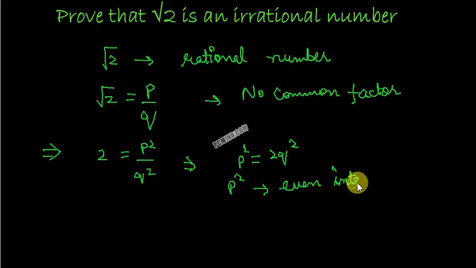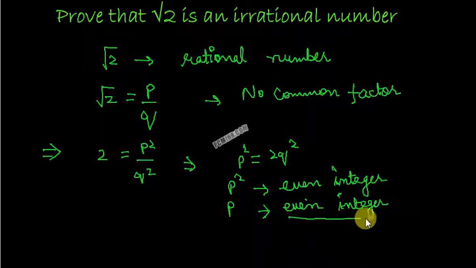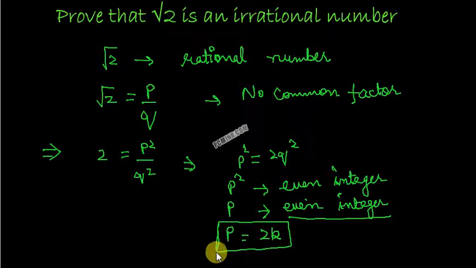And if p square is an even integer, then that means p is also an even integer. And whenever some number is an even integer, it can be expressed as 2 times k. Whatever the value of k, on multiplying with 2, you would get an even number. So p can be expressed as 2k.